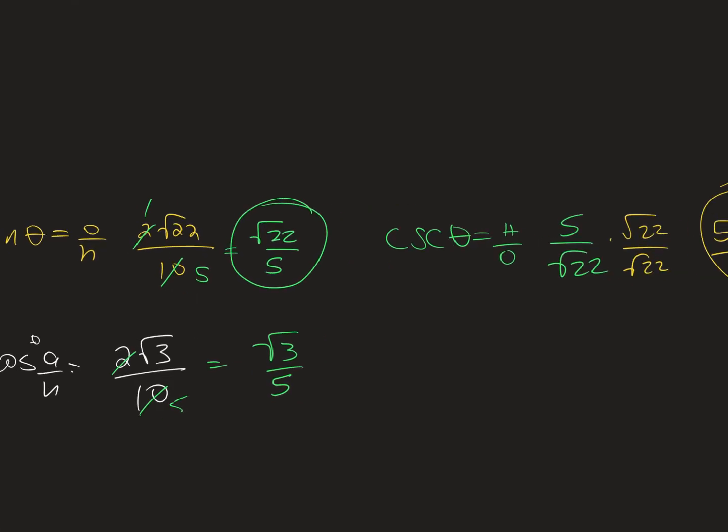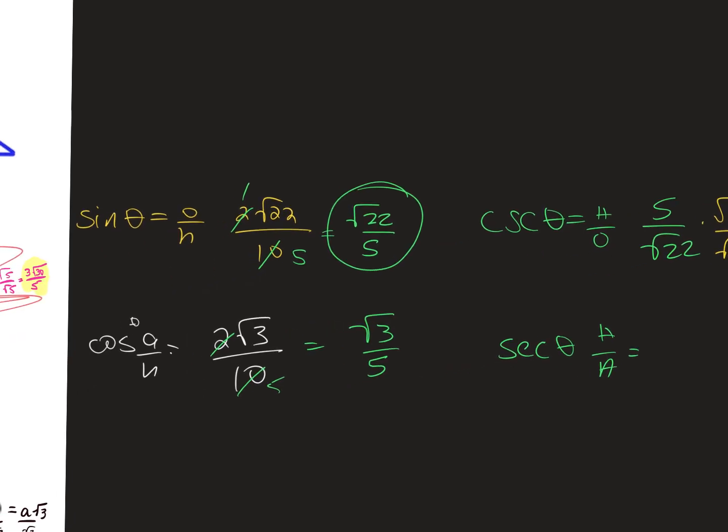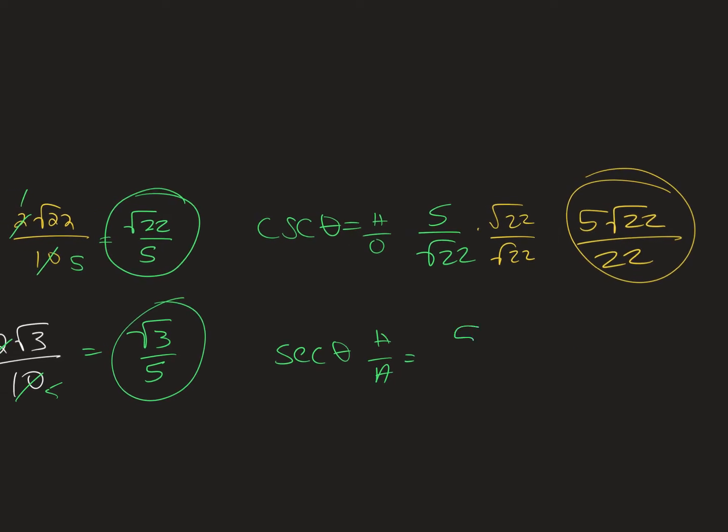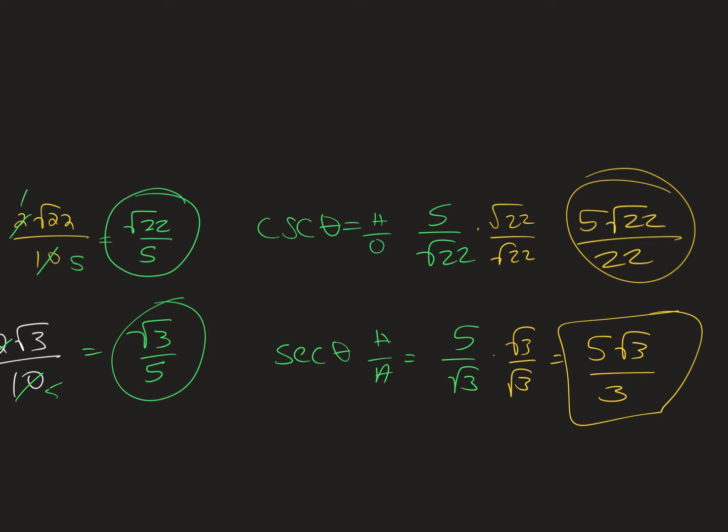So then here, when I come over and we do our secant, secant is hypotenuse over adjacent. Again, you can start at the beginning and say, okay, 10 over 2 root 3. Or you can just take this answer, flip it and rationalize. So 5 root 3, and then I'm going to say, okay, top and bottom by the square root of 3, right? So 5 root 3 over 3. Questions?